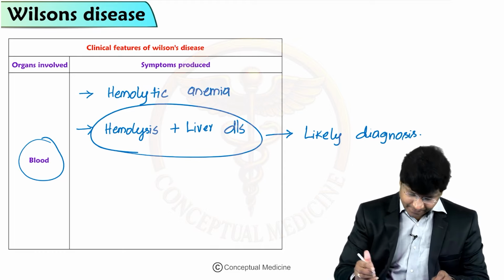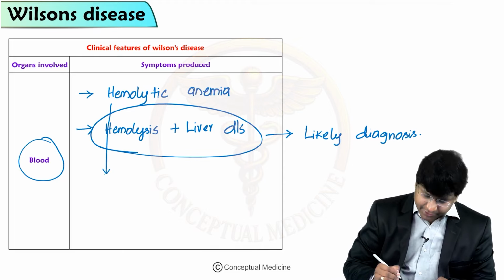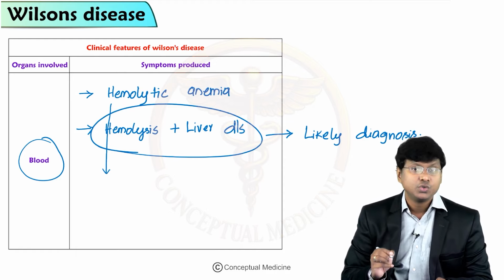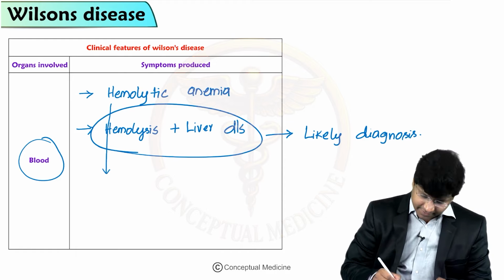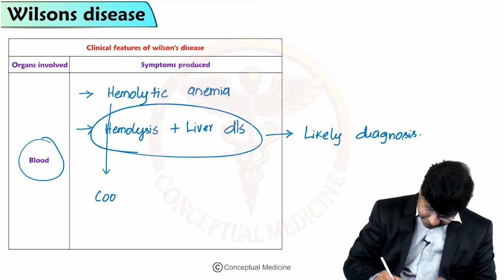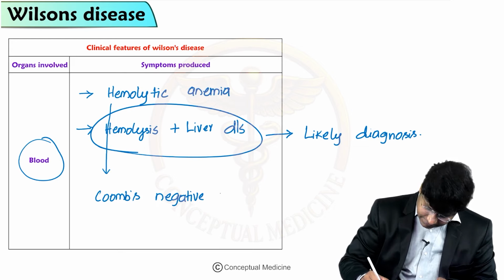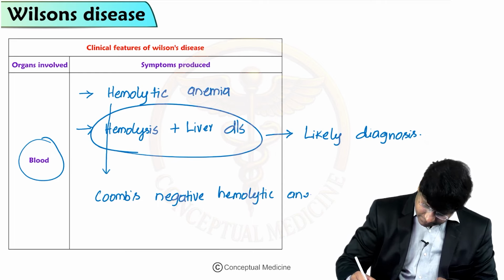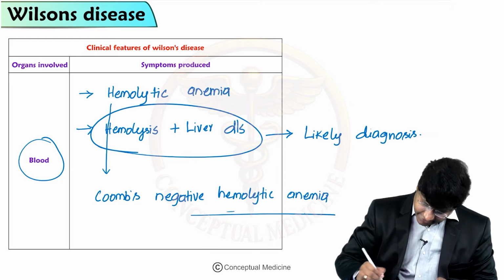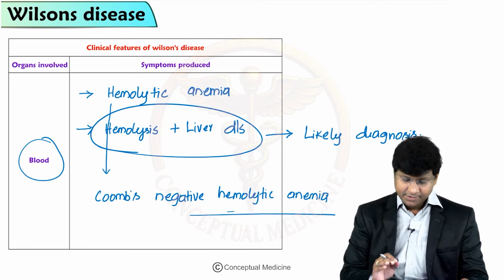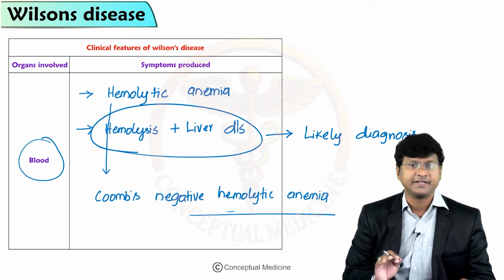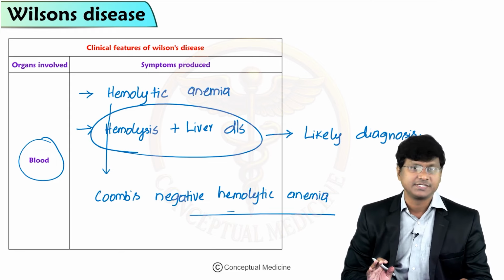And the type of hemolytic anemia that you will have in these individuals is Coombs negative hemolytic anemia. So these will be the hematological manifestations in patients with Wilson's disease.